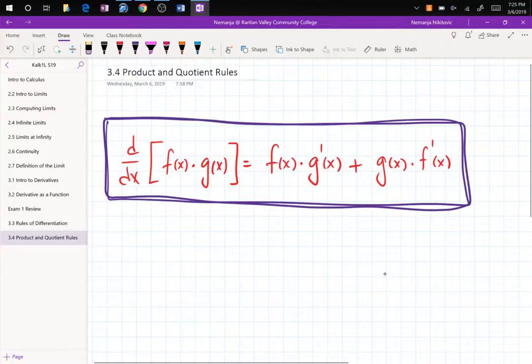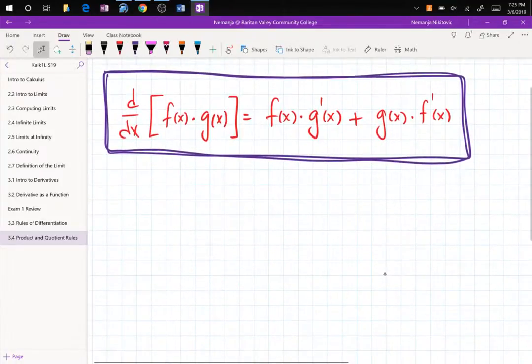Obviously, the product is going to be between two functions, f and g, and you will locate those two functions, label them as f and g, and just plug them where they belong in this formula.